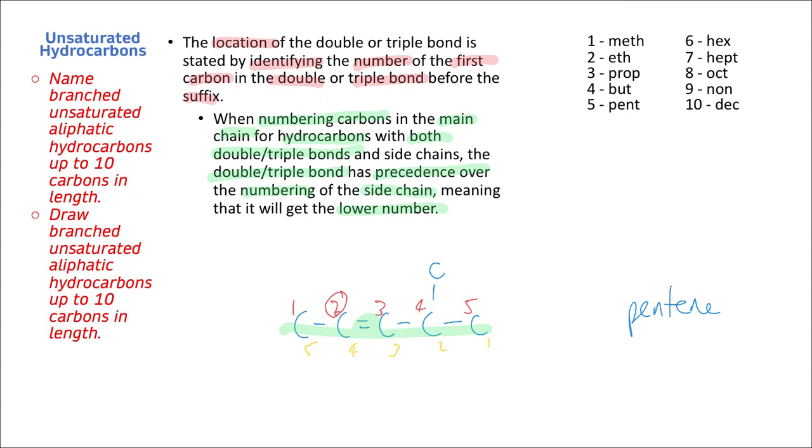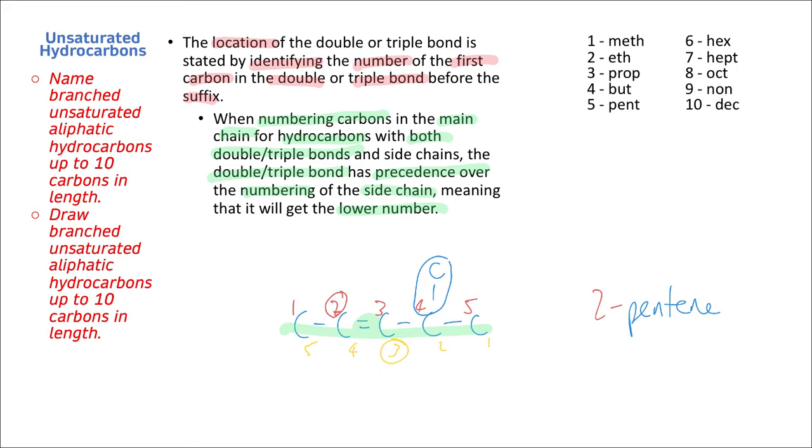If I use the yellow numbering system, I will use this one here. Obviously 2 is lower than 3, so we're going to use the red numbering system. Even though that gives the side chain a higher number of 4, it doesn't matter, because the double or triple bond takes precedence over the single bonds or side chains. So this one is a 2-pentene.